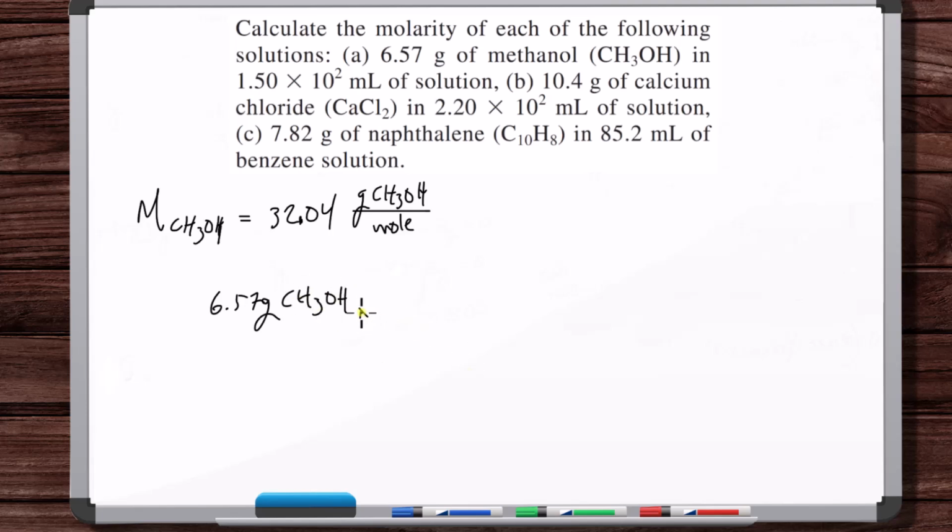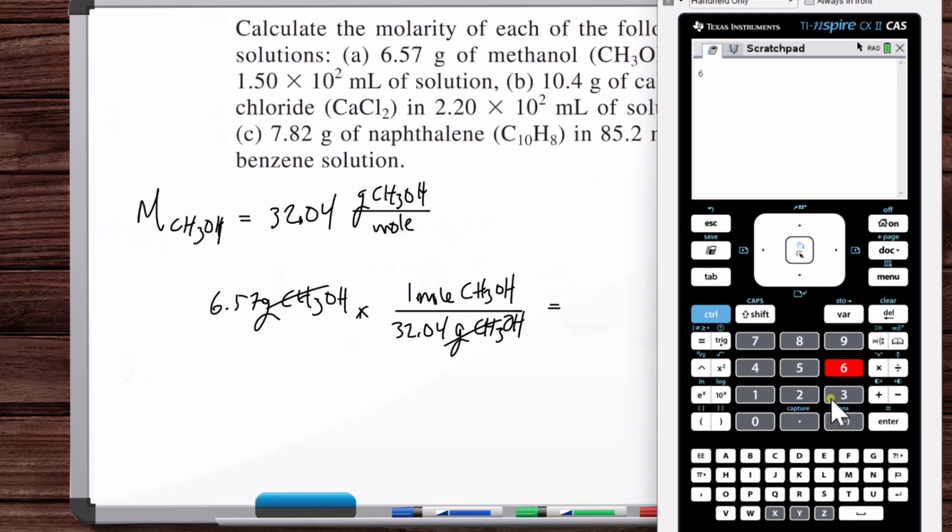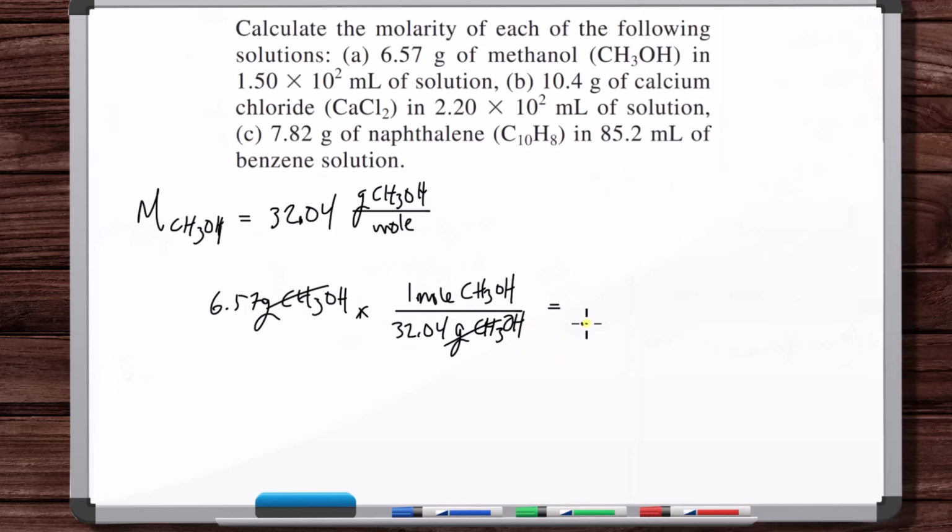Okay, so if we have 6.57 grams of methanol, and we know that there's 32.04 grams of methanol for every 1 mole of methanol, then this must be 0.2051 moles of methanol.